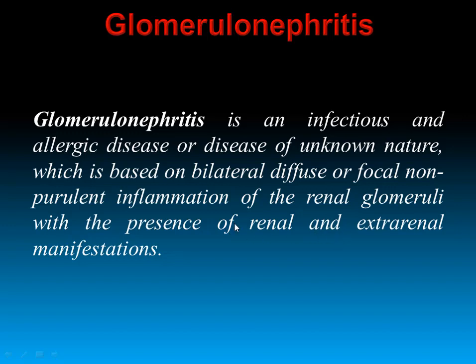And third important note, non-purulent inflammation of glomeruli. So, glomeruli are damaged, not convoluted tubules. They can be damaged secondary to glomeruli. The first initial injury will be found in glomeruli, and the manner of this injury is non-purulent inflammation.